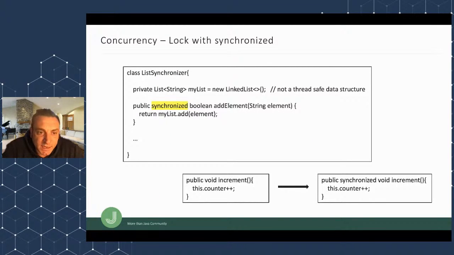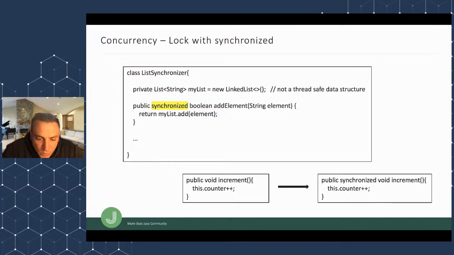What we can do, as an example, is to use a lock. Every object in Java has a lock, and the lock is a kind of token, a single token.